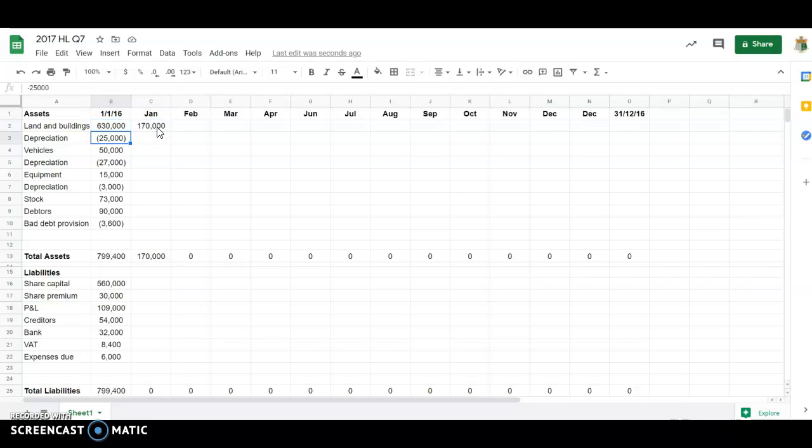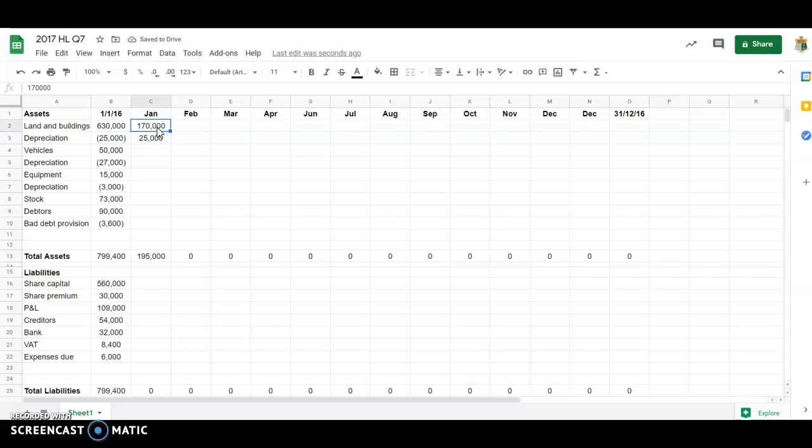If we are revaluing them at 800,000 euro, we're going to get rid of all that depreciation as well. There's no point in revaluing it at 800,000 and then immediately taking away depreciation, saying its value's gone down by 25 grand. No, it has been revalued at 800. That is what we are saying it is worth now. So I'm going to get rid of that depreciation by adding the 25,000 on, because that's a negative number.